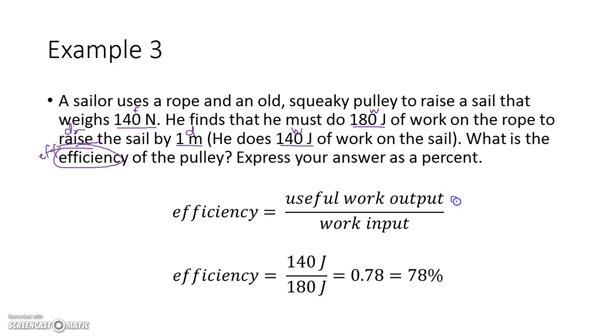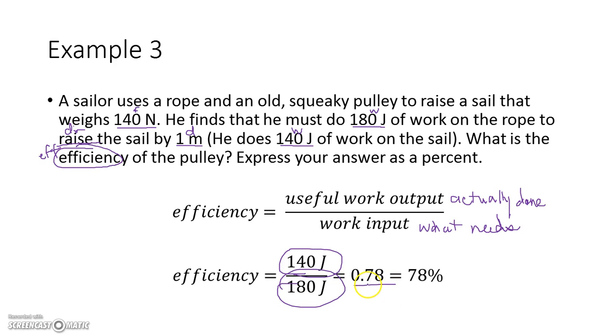What is actually done. And then input, this is what it needs. So 140 joules is what was actually done over what it needs, which is 180. And we divide those and we get 0.78.